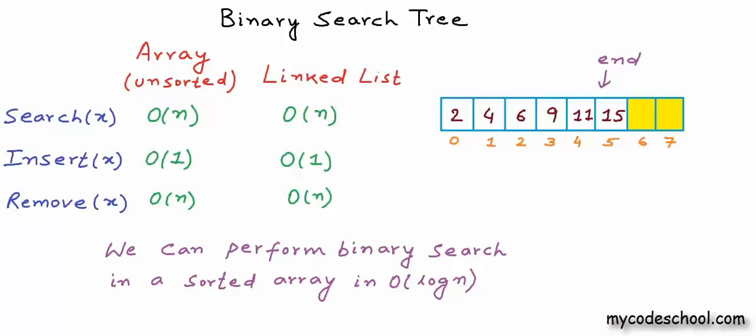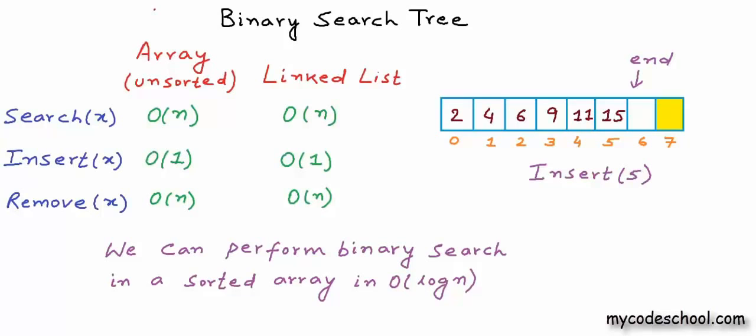Okay, so the cost of search operation can be minimized if we use a sorted array, but in insertion or removal we will have to make sure that the array is sorted afterwards. In this array, if I want to insert number 5 at this stage, I can't simply put 5 at index 6. I'll first have to find the position at which I can insert 5 in the sorted list.